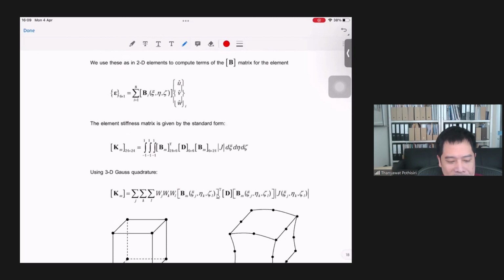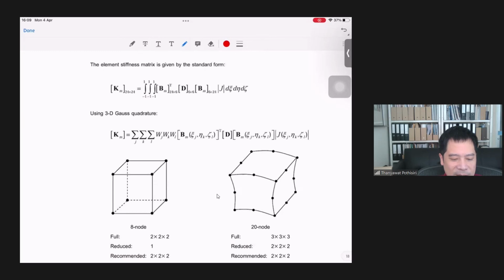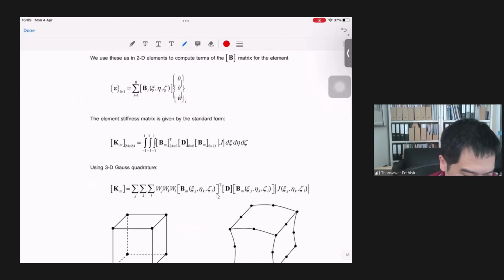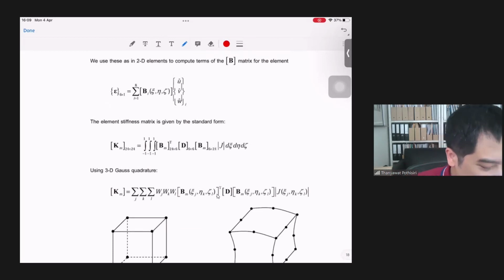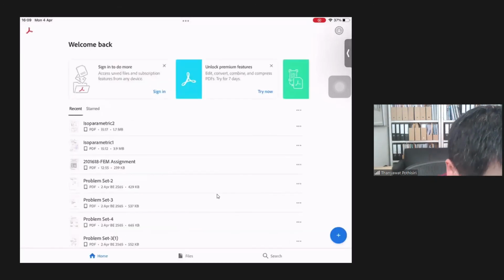So you can see that the computations are based on the same concept, but now because you have an additional dimension, you need to deal with a lot more computations, and the numerical integration can still be applied. All right. So I think that's pretty much it for my part.